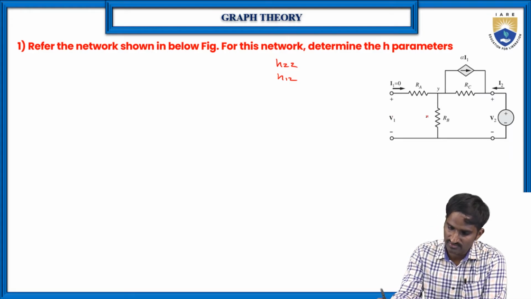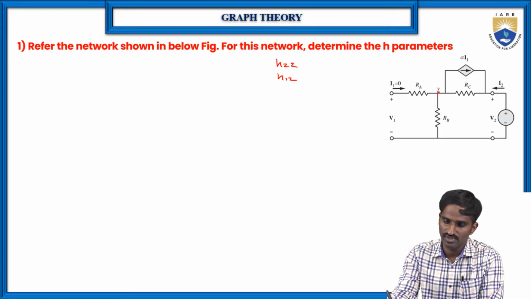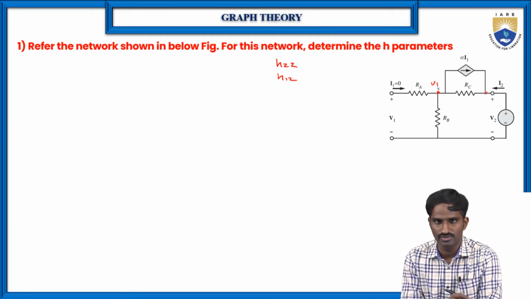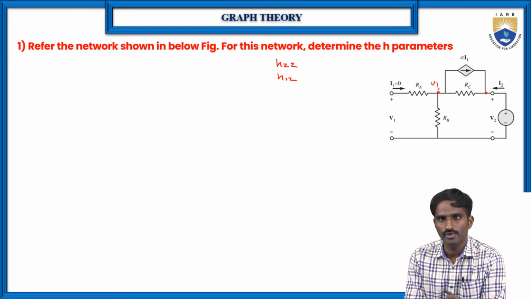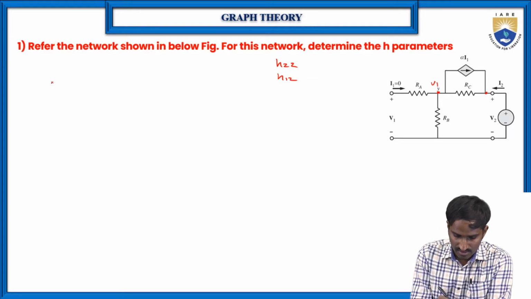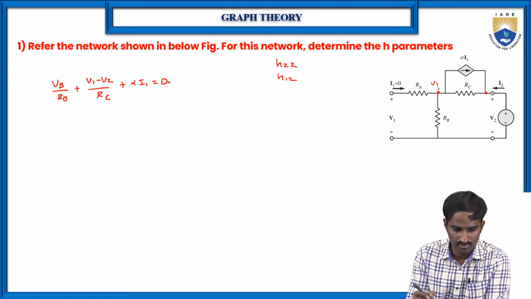So the current flowing through the RB is V1 by RB plus V1 minus V2 by RC, plus again alpha into I1, which is equal to 0.